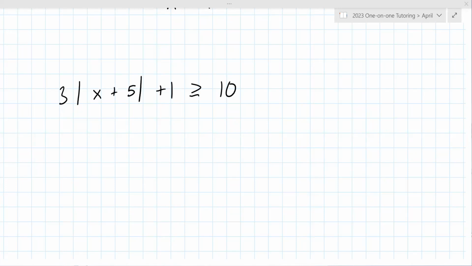X is greater than or equal to -2. X is less than or equal to -8. Yeah, that actually sounds really good.